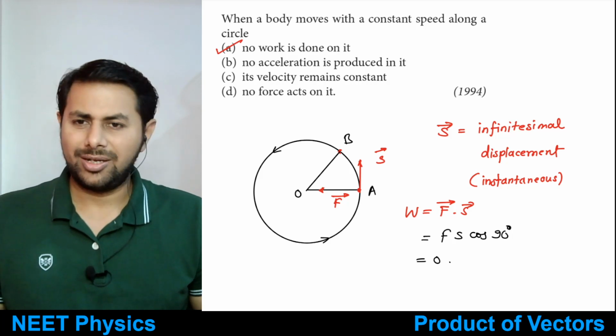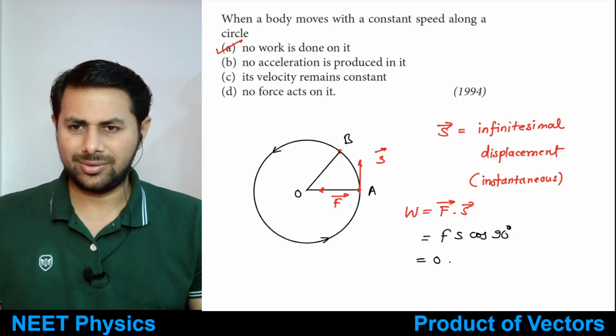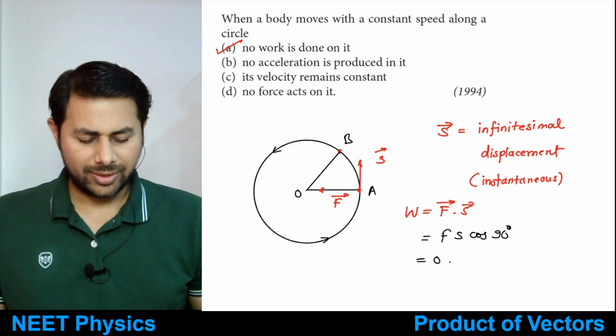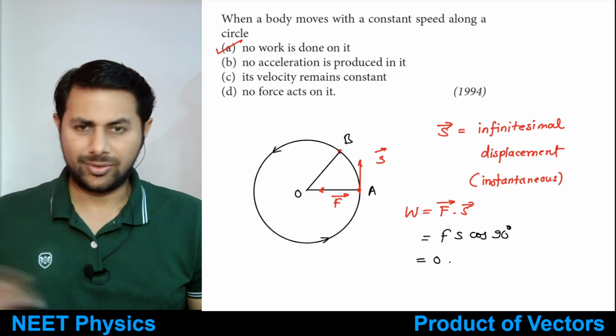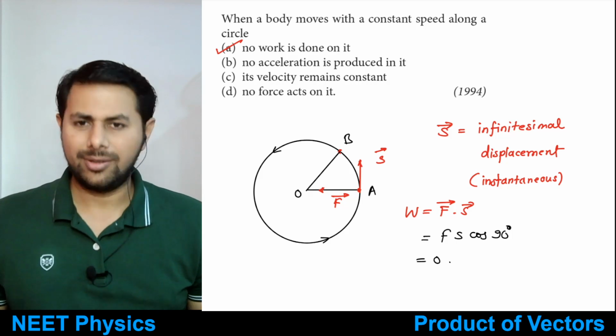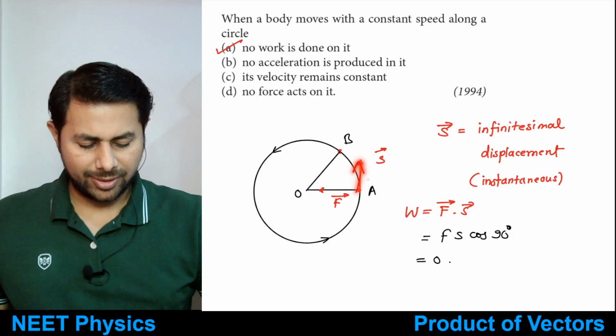When a body moves with a constant speed along a circle, no work is done on it. Okay, is it applicable to a body moving with variable speed? No. Okay, it's not applicable. Why? Because centripetal force does not change the speed, right? What will change the speed?